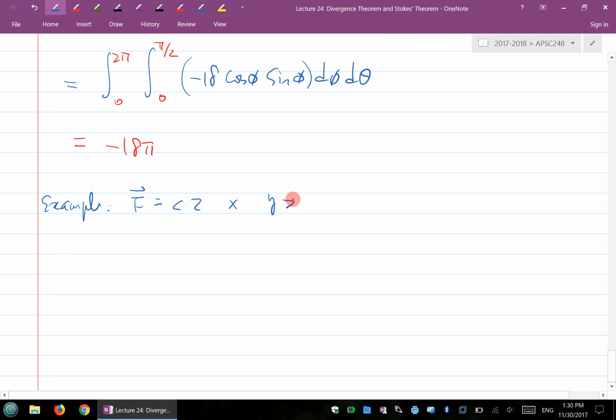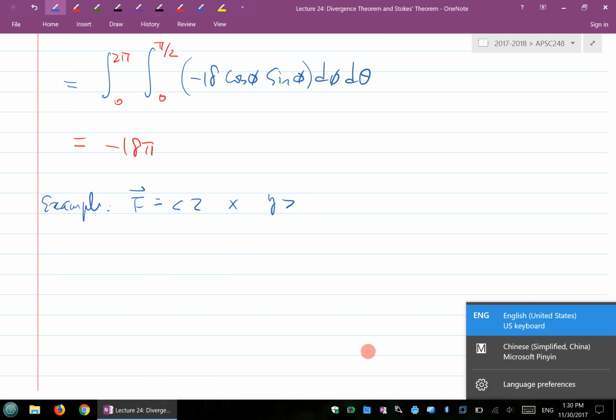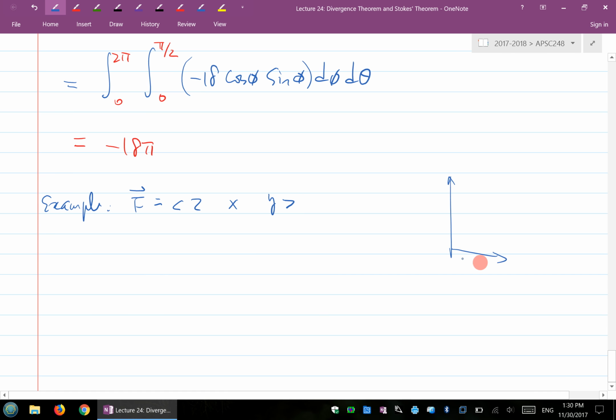Given a vector field, which is this, an inverted paraboloid, and a curve C here.